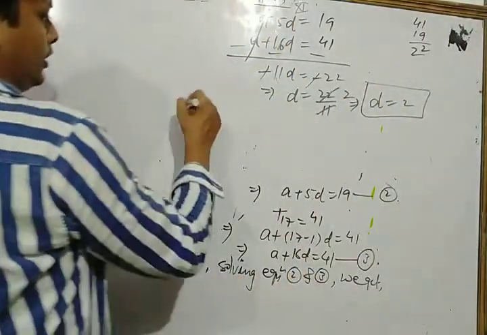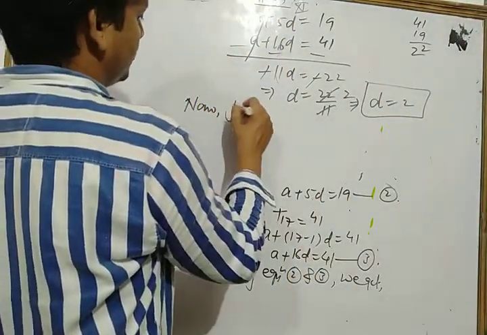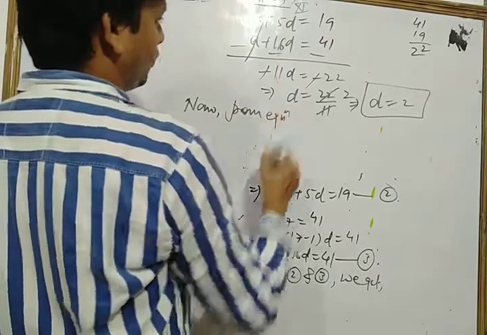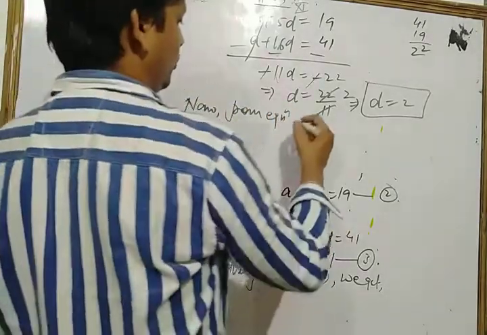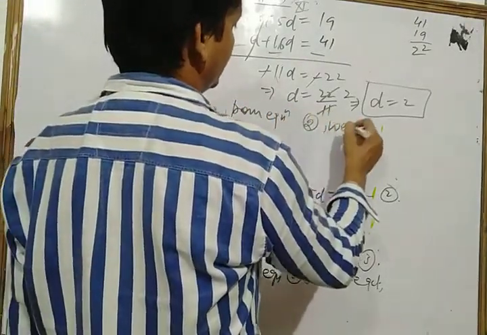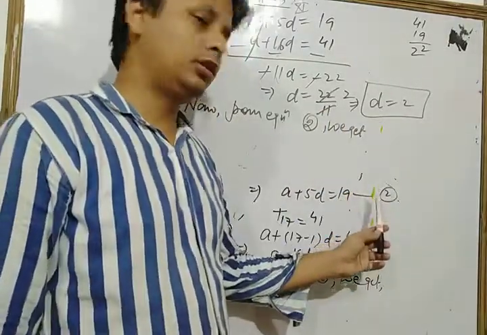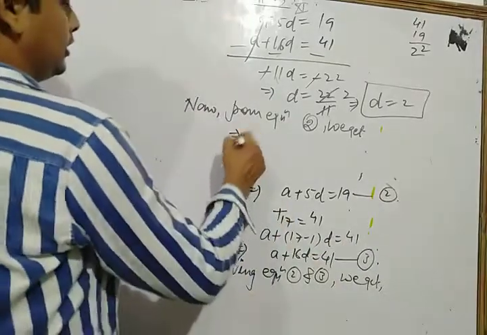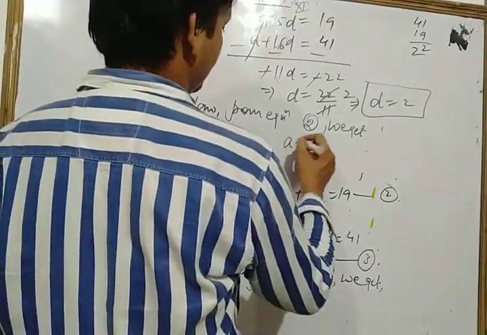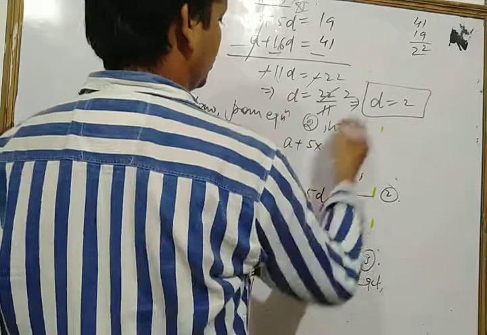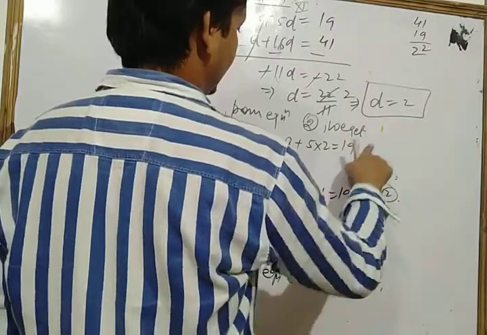Now from equation 2, we put the value of D in equation 2. So we get A plus 5 into 2 is equal to 19.